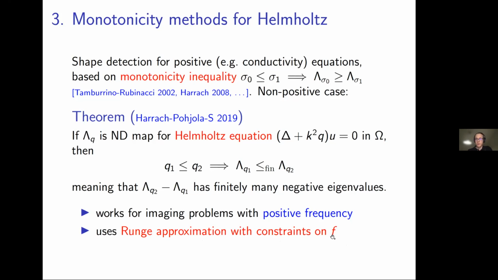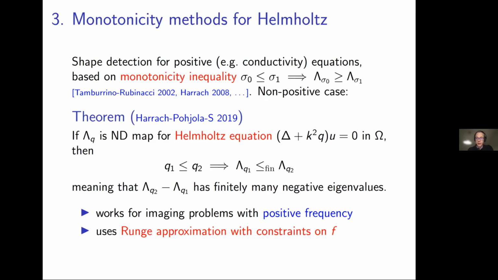In addition to the Dirichlet data being supported in some small set gamma on the boundary, you can require that this Dirichlet data is orthogonal to finitely many fixed functions, and then you can still have these localized potential solutions. So that's the approximation or approximate control part of this application.